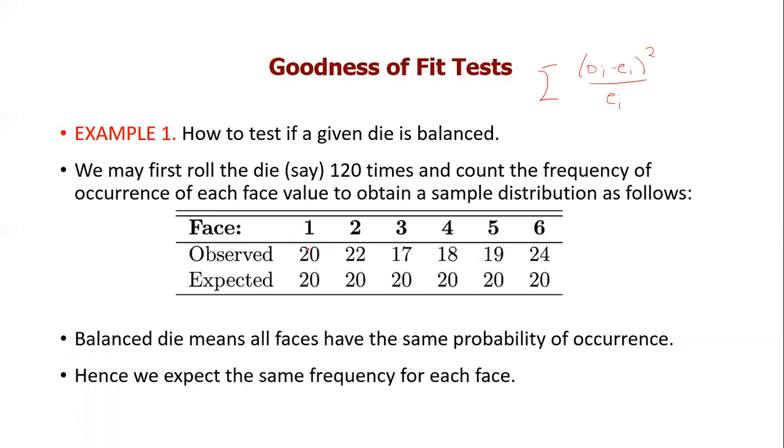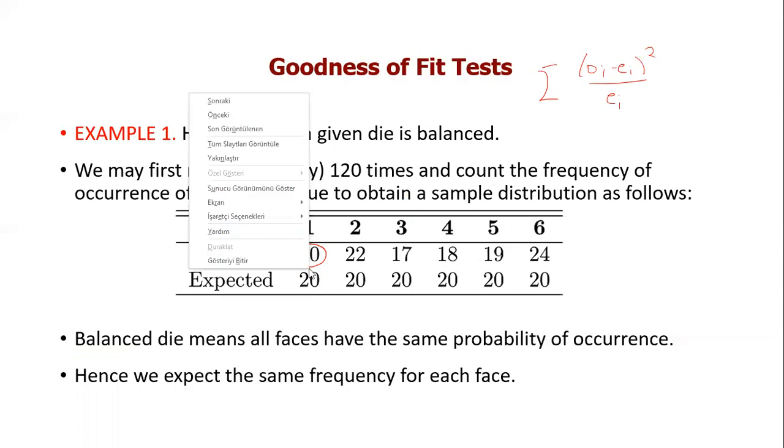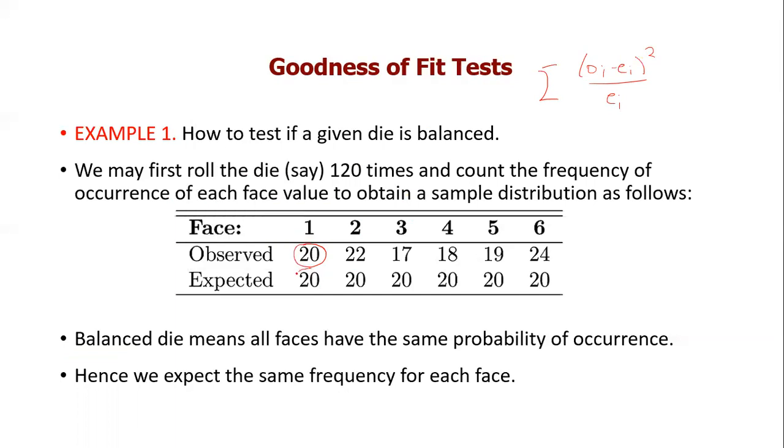So what is O1? The observed value for the first observation. O1 is this, right? What is E1? E1 is the expected observation for the first experiment, which is this. So this is O1, this is E1. So O1 minus E1, that's equal to 0, divided by E1, which is 20. So 0 squared divided by 20, that's equal to 0.